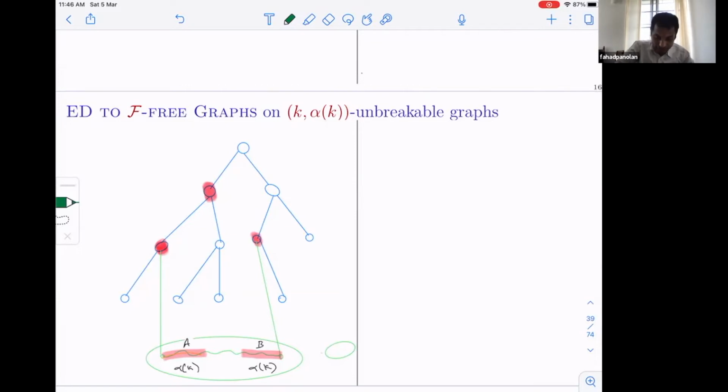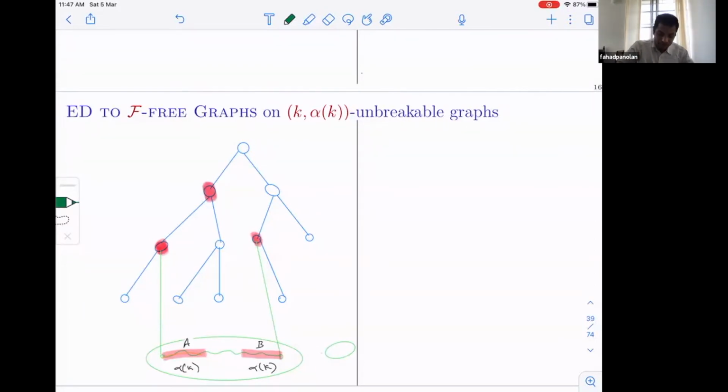I know that in my solution, at least one vertex from this path should go into the elimination forest, because otherwise we will not satisfy the required condition for the elimination forest.